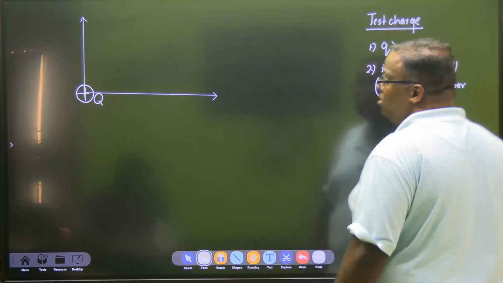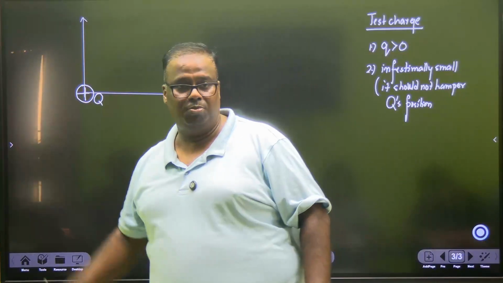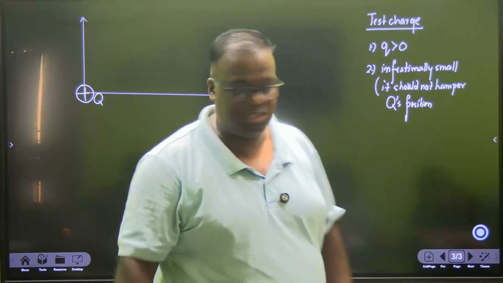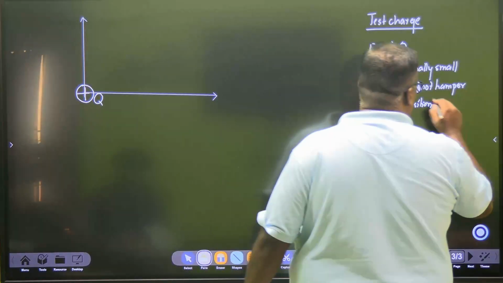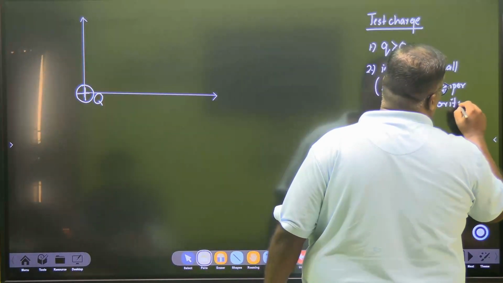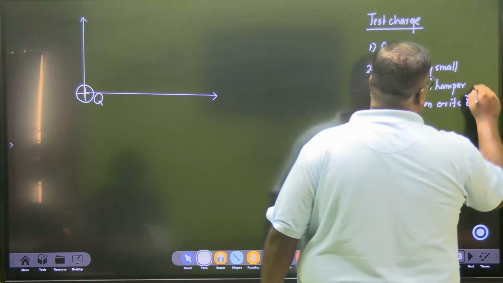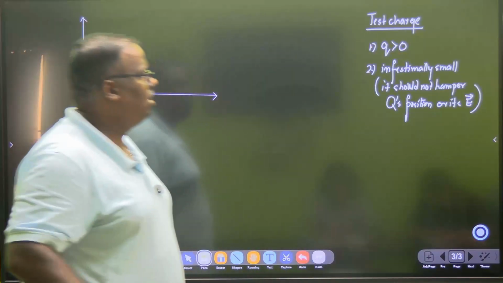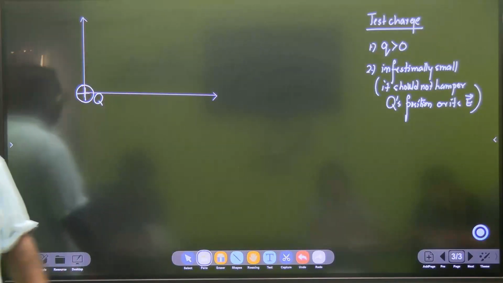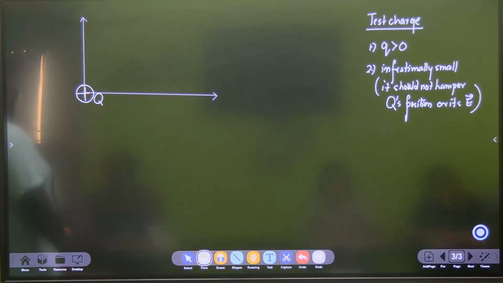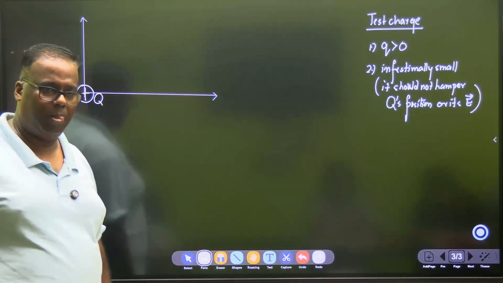Because if the charge was bigger, maybe Q would have got repelled. Means it is a charge, but once it enters your arena, it does not create any disturbance to you. Is this understood?